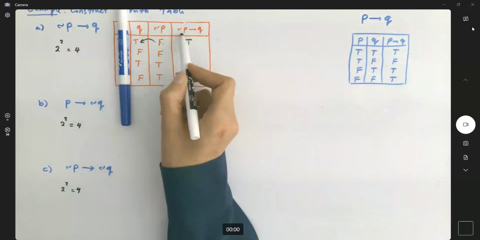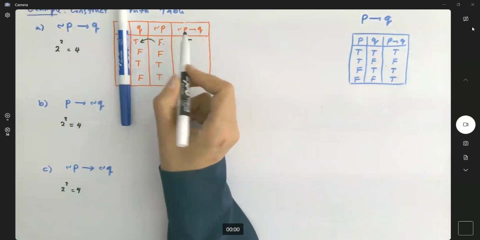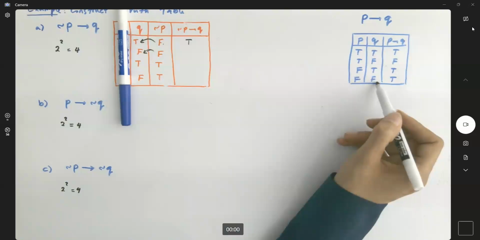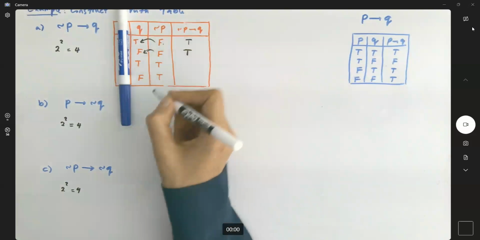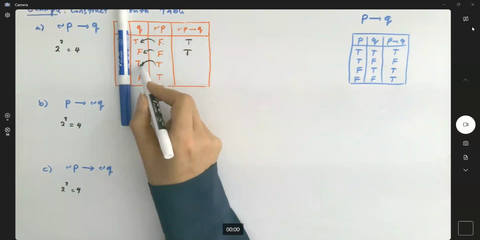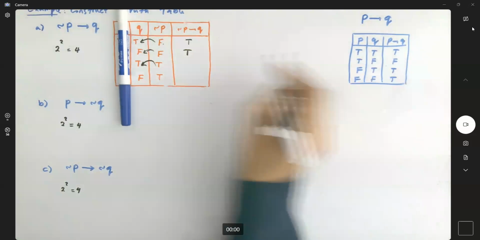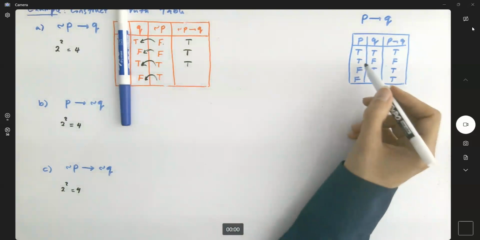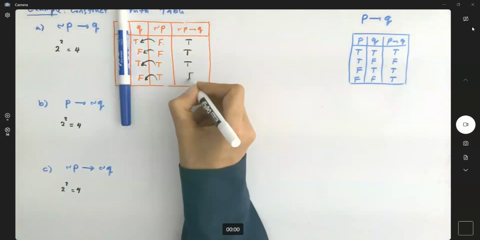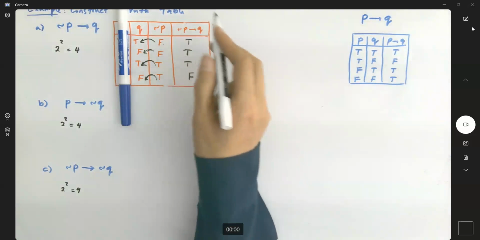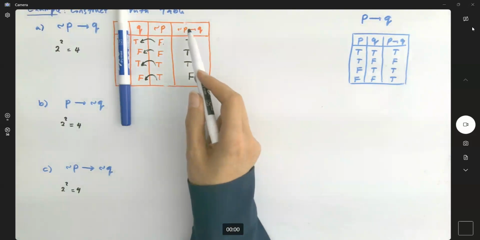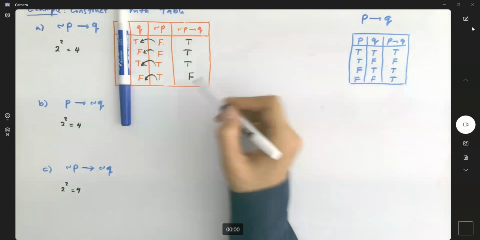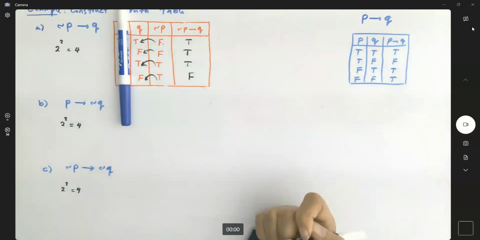Not P comes first. You have not P, then Q. False, then false is true. True, then true is true. Then you have true, then false. True, then false is false. Well, this is the truth table for not P, then Q. As you can see, the truth tables are all different from each other.